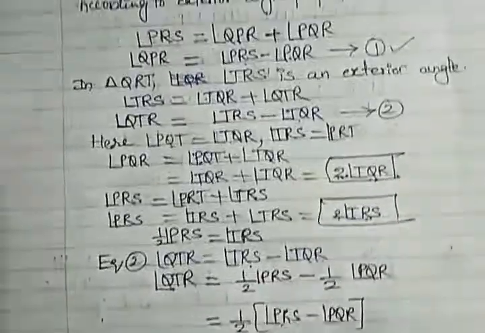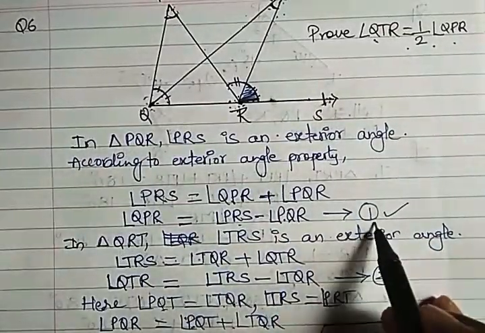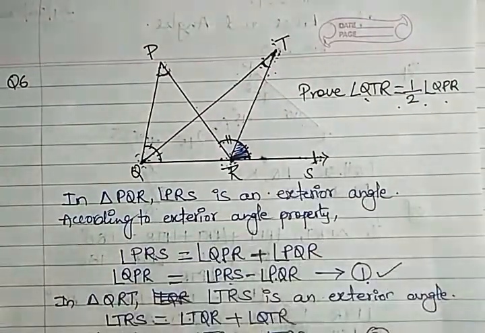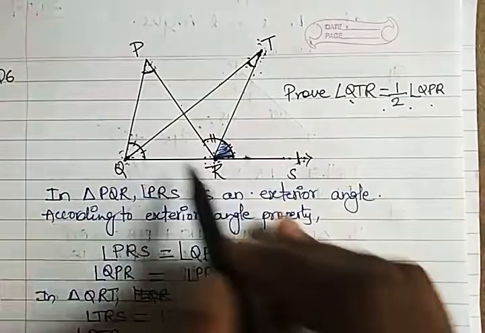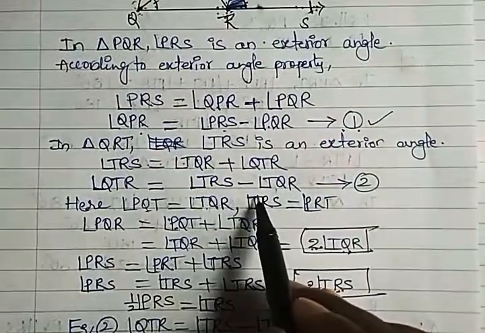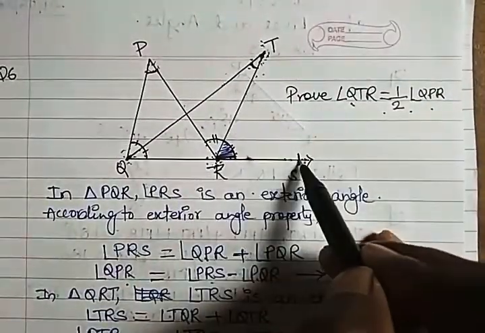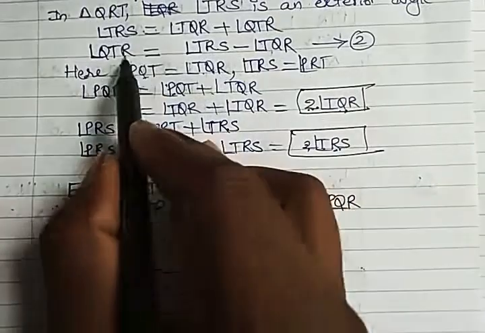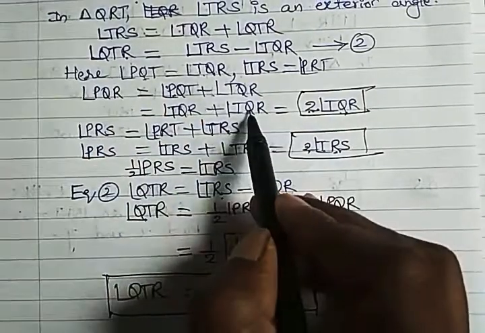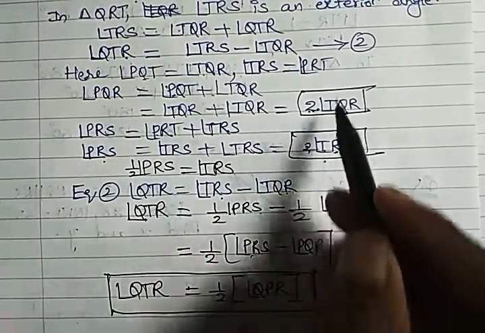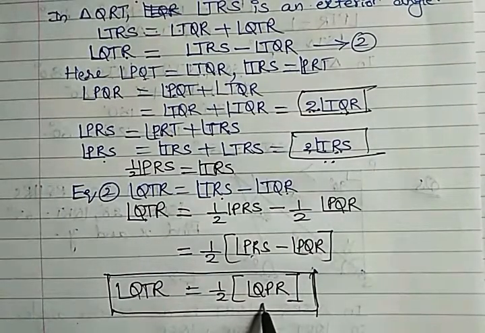So I'll just give you an overview of this answer. First we have written the exterior angle property for this angle, that is PRS. For the exterior angle PRS we wrote the equation and from it separated QPR. Then we have written the exterior angle property for TRS. For TRS these two are the opposite interior angles, and from it also we separated QTR. Then we took the bisected angles, PQR and PRS. From both of them we separated TRS and TQR and put them into equation 2.